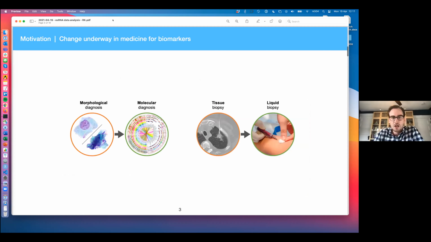But first up, there's been a pretty big shift over the last decade or so in terms of molecular diagnostics. The first is that we're moving away from morphological image-based diagnostics into molecular diagnostics with the rise of cell-free DNA for cancer, as well as exosomal profiling for cancer and various other diseases, where you can assess people's likelihood to respond to certain treatments.